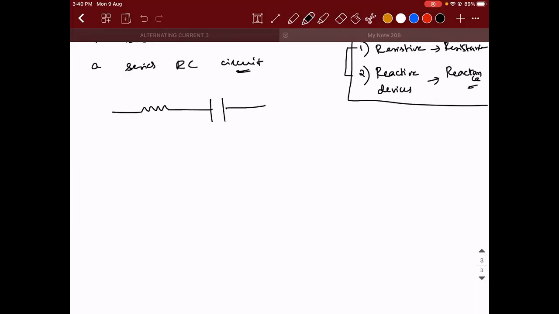A resistor and a capacitor are connected across an AC source, E equal to E naught sine omega t. This is R and C. Here, our job is to find the value of resistance or opposition offered by this kind of arrangement.